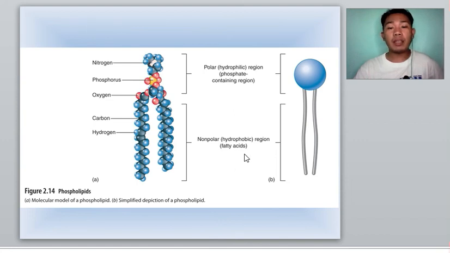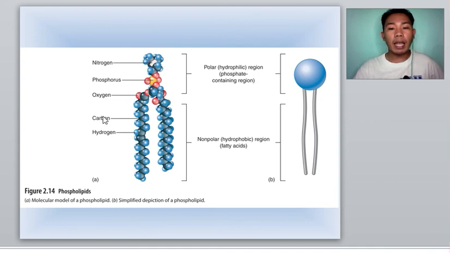As I have mentioned earlier, phospholipids are chiefly present in our cell membrane. So this is the structure of a molecular model of a phospholipid. It has a polar head, or the polar region, which is hydrophilic. That means it loves water, and it is composed of a phosphate-containing region.